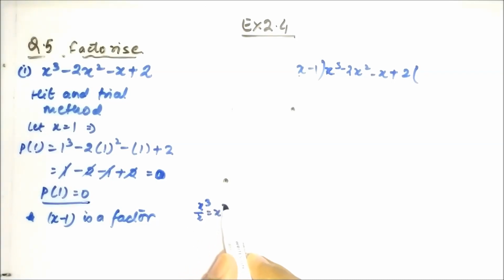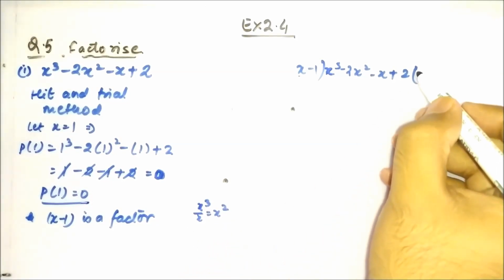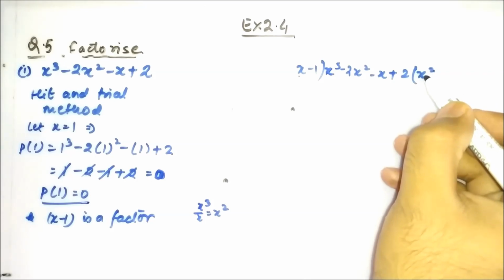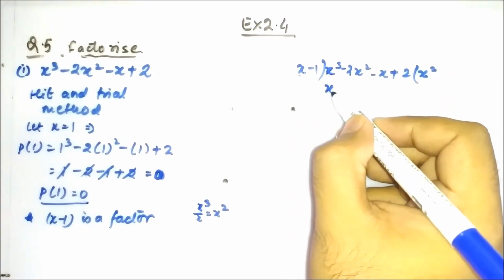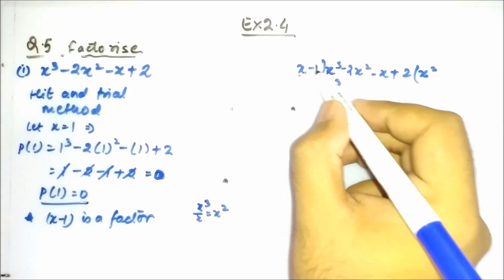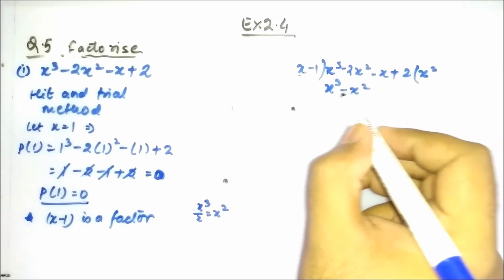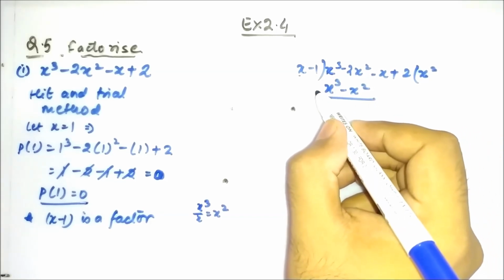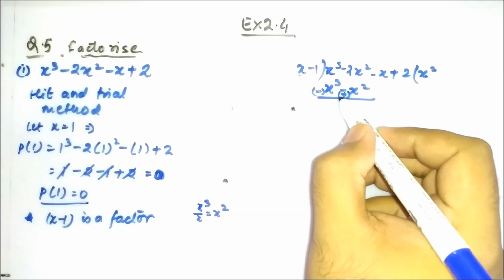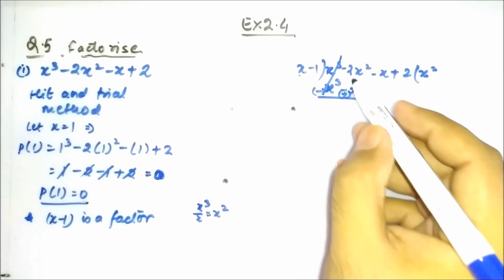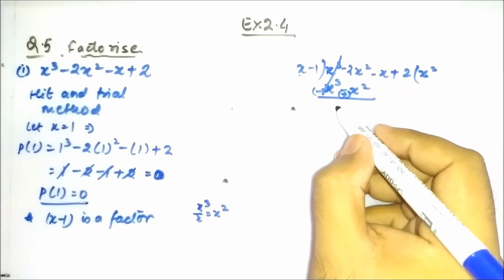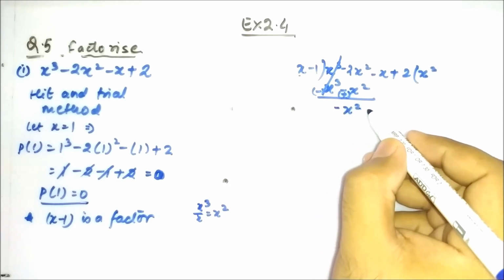So we are going to get here x square. Okay, so first we will multiply by x square. So x square into x, that will make x cube. X square into minus 1, that will make minus x square. Now when you subtract, the sign will get changed. This will be minus, this will be plus. This will get cancelled. Minus 2x square plus x square, that will make minus x square, and this will be minus x here.